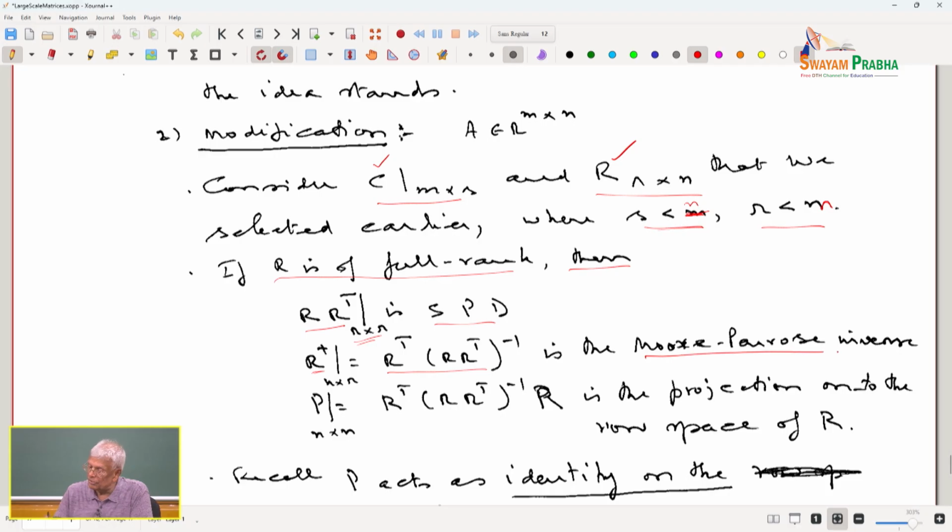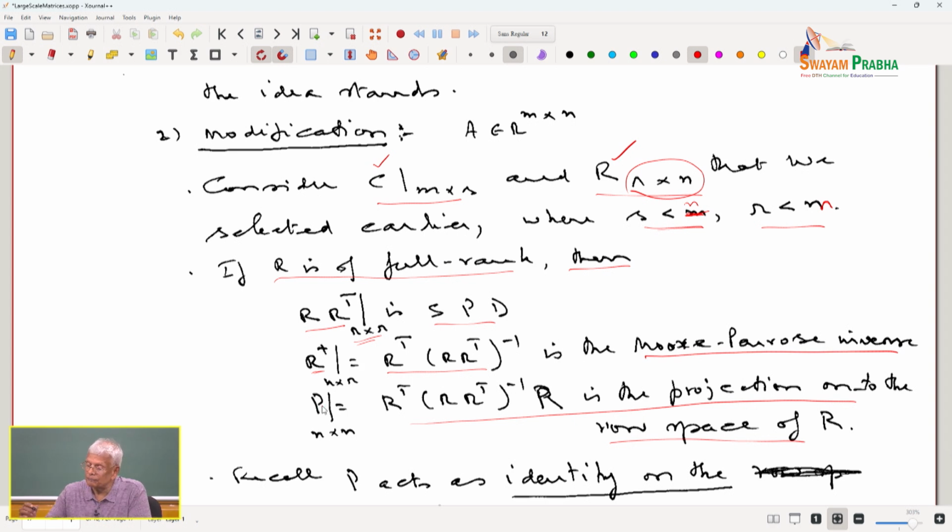This is the Moore-Penrose inverse, and this is the projection matrix that comes out of R. Please understand, I am trying to compute the generalized inverse of R, which has r rows and n columns. So, R R transpose is SPD, and R plus is given by this.